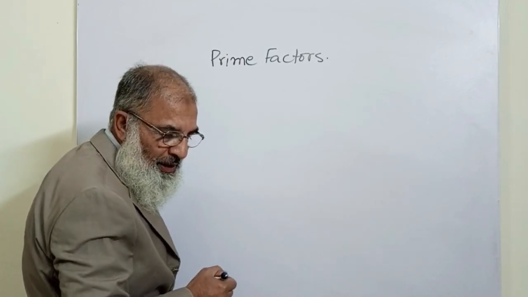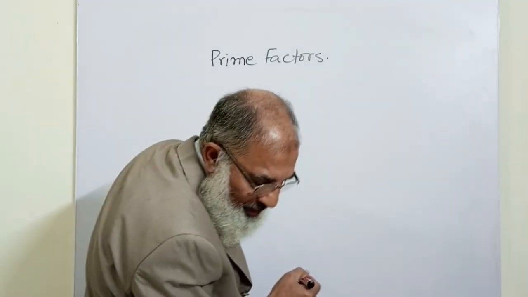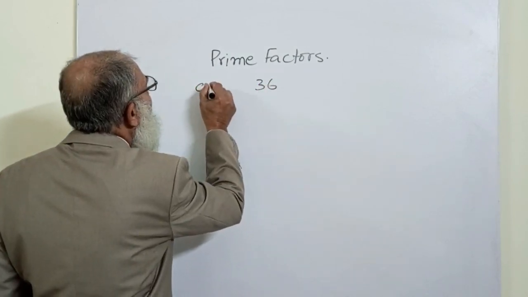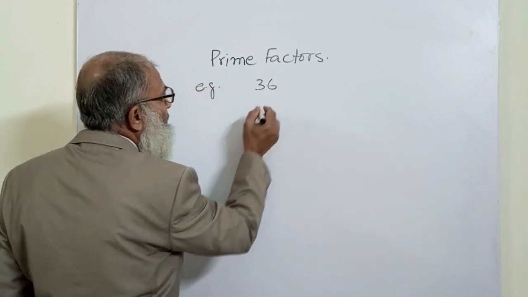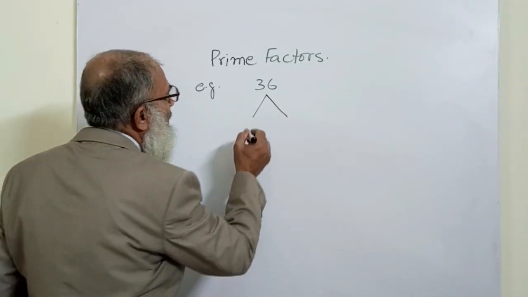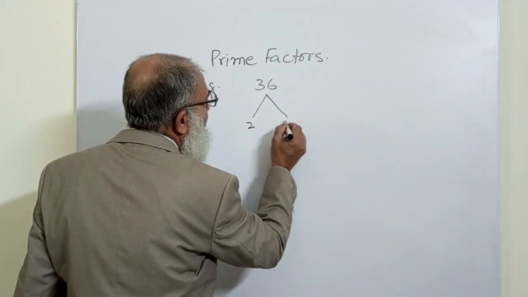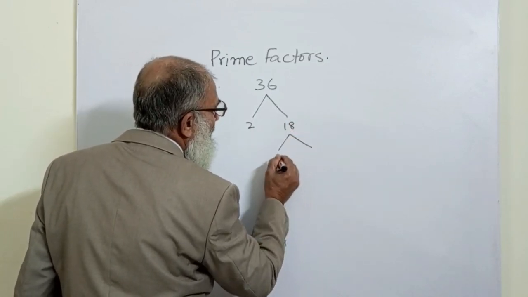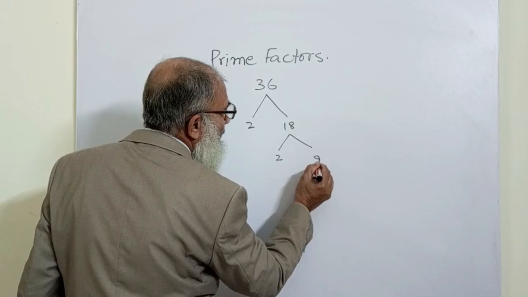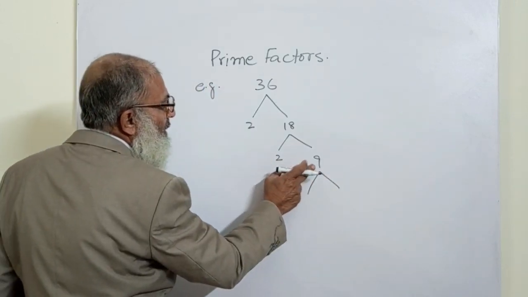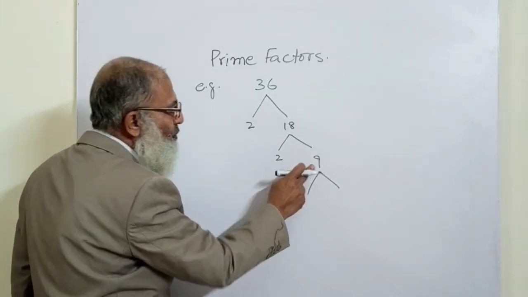Now, for example, I take 36, and I draw a tree of 36, and that becomes 2 and 18, then 9, and you see that now the 9 is not divisible by 2.